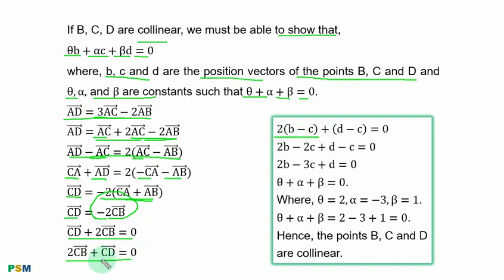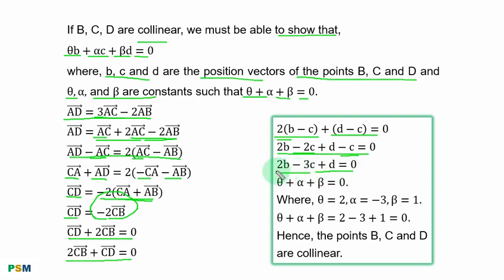Then here also, you have D minus C equal to 0. If you open this bracket, you have it in this form. When you add like terms, precisely minus 2C minus C, you have 2B minus 3C plus D equal to 0.